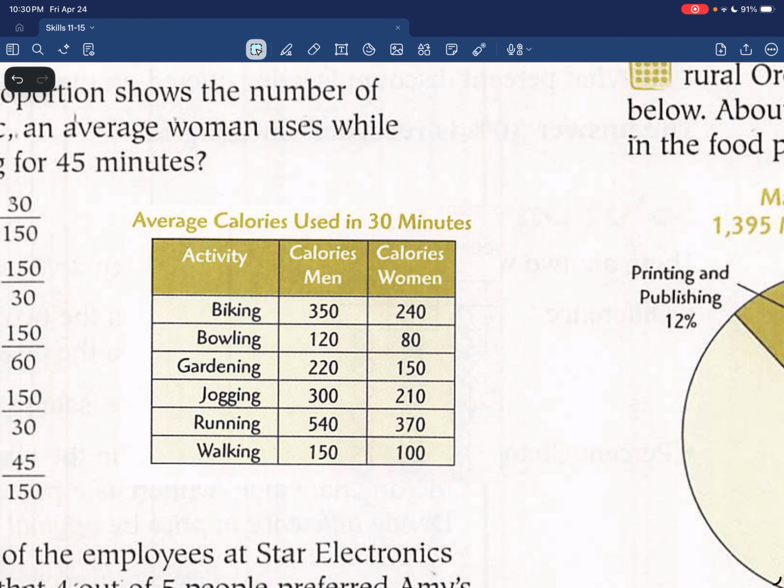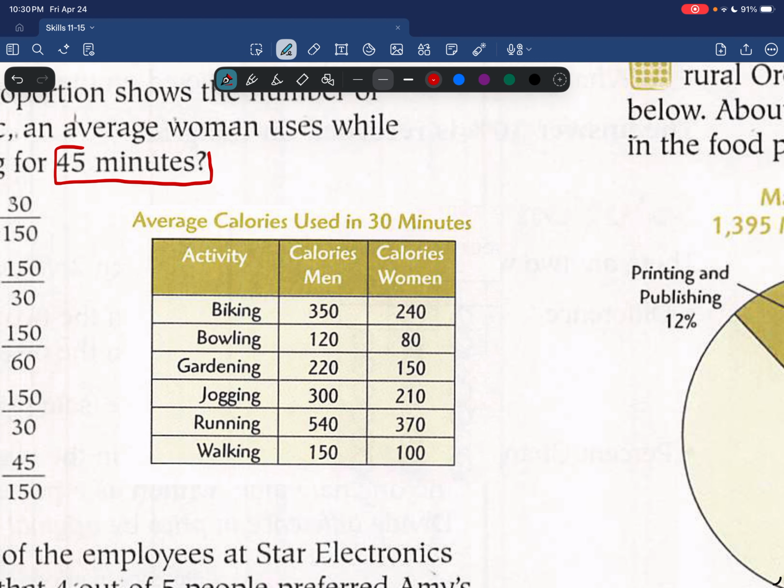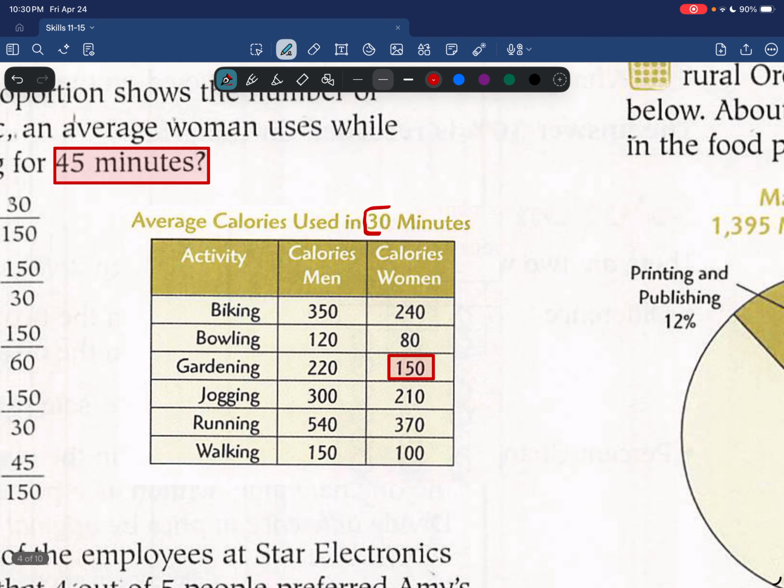So I need that piece right there, 45 minutes. I need to look at the women's category and at gardening. So there's 150. And I also need this 30 minutes right here. Okay.